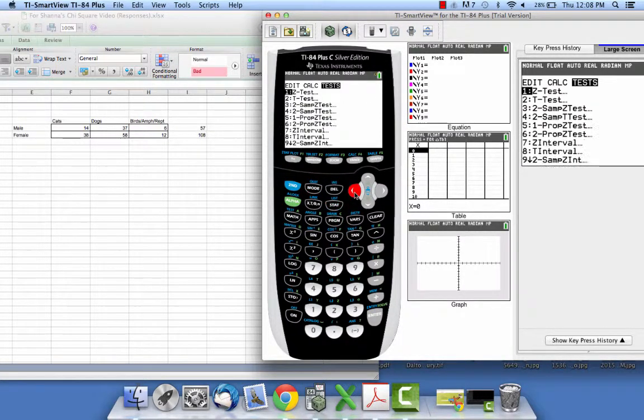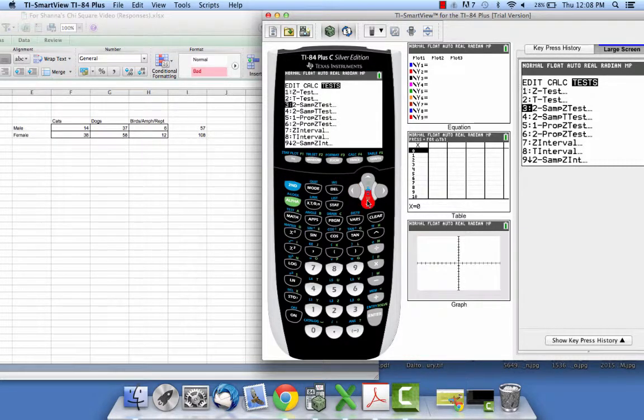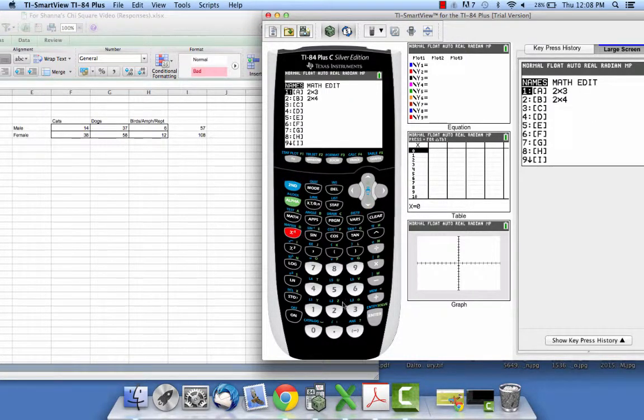So I'm going to go to tests, and let's see, maybe it was B? No. I'm going to look at it this time. Test. So chi-square is C. So we can go alpha C instead of doing the scroll down business. So this time I'm going to do C.